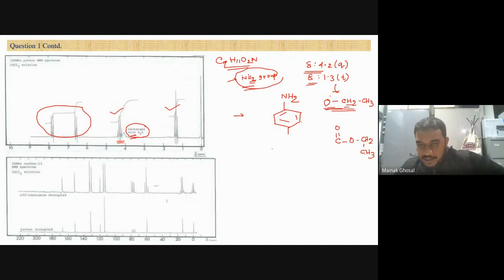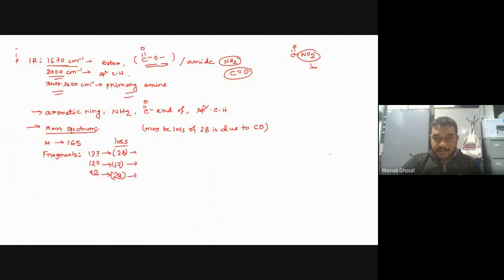So the possibility is that it is like this. Now I need to verify this compound with mass spectroscopy techniques and also 13C, to see whether the structure I have predicted is possible or not. So I'm writing the structure here.